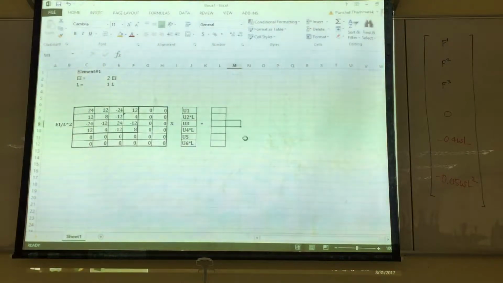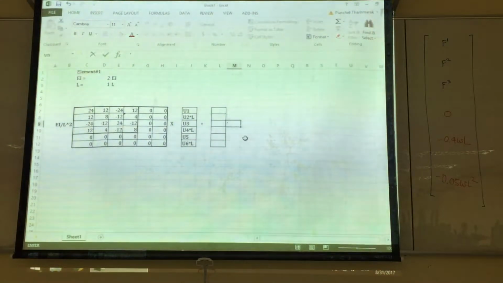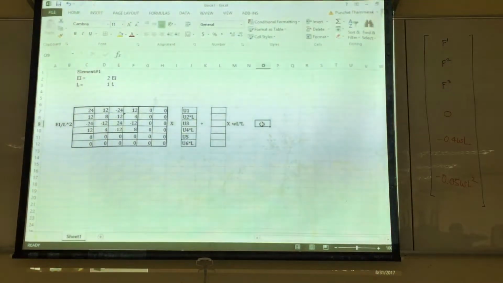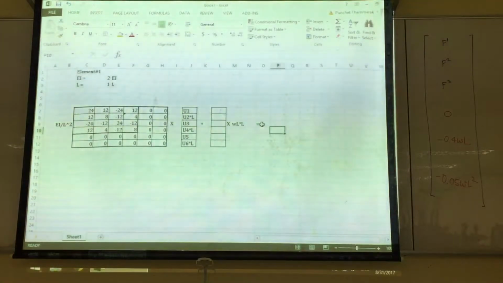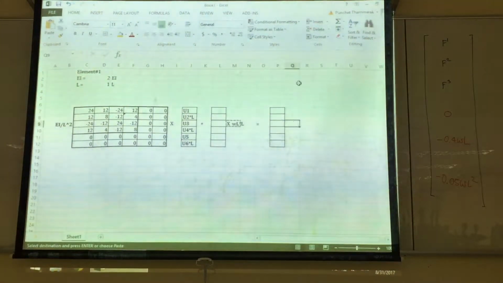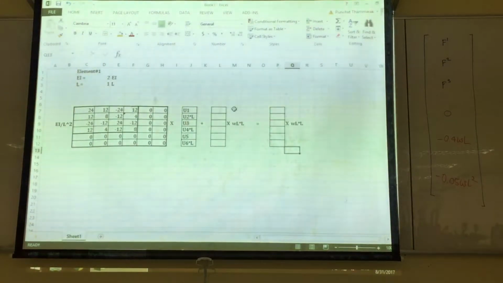That is going to multiply by WL, minus multiply by L, okay, WL square, alright? And that is going to be equal to, on this side, bang, bang. Okay, so here is your element.